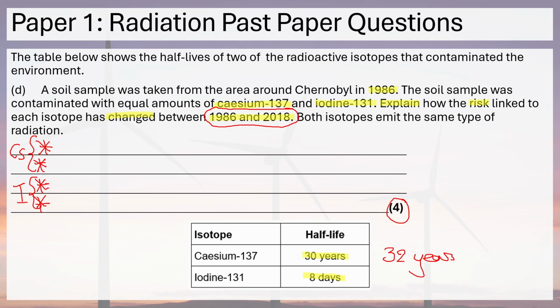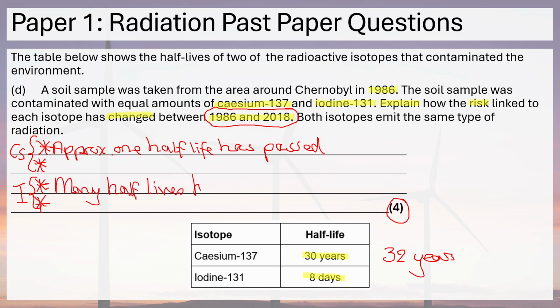So for cesium, we've had approximately 1 half-life has passed. Whereas for iodine, many half-lives have passed. And of course, we're talking about since 1986.